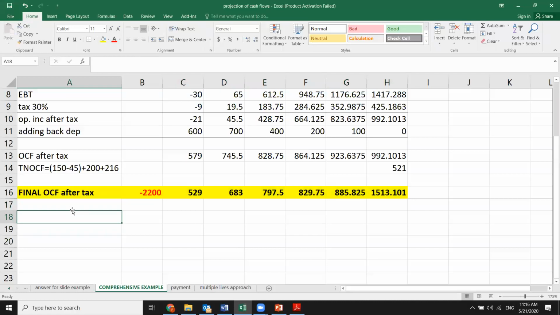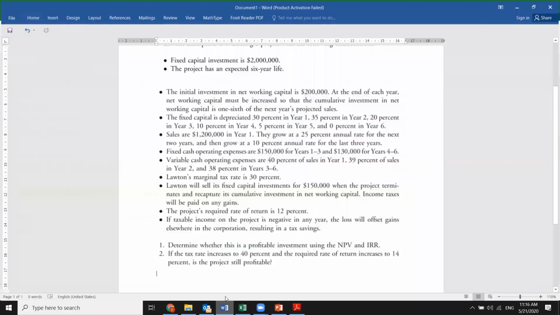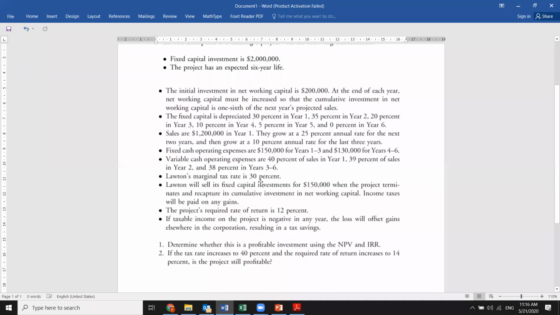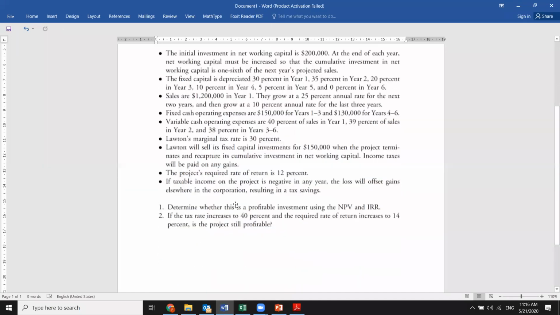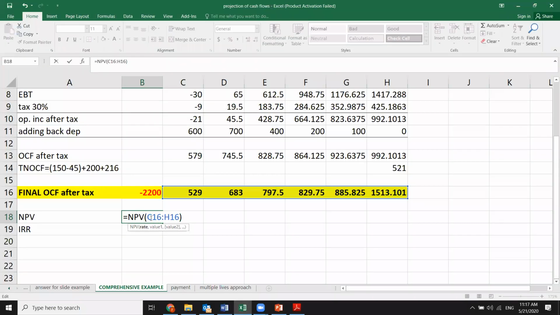So NPV and IRR. So NPV for this project, but we forgot to include the rate, and the rate is our cost of capital, the projected required rate of return is 12%, okay, 0.12.